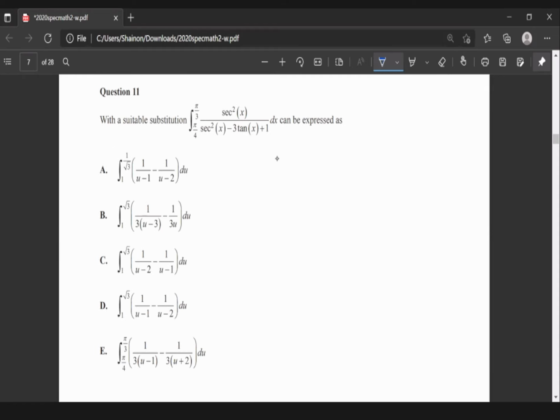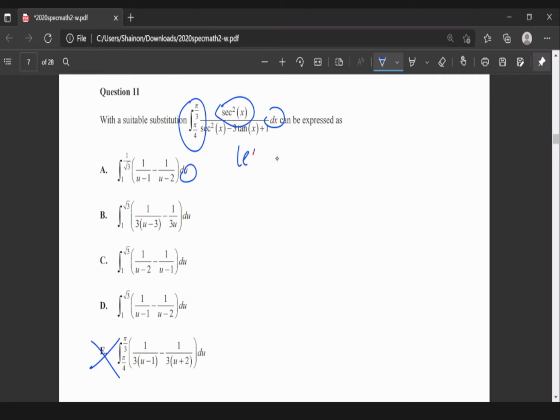Question 11. We can cross out this one already, because this is according to X, but we're finding according to U. We're trying to cancel this top bit, and the only way that corresponds to sec is tan. If we're going to differentiate something that equals sec, we have to differentiate tan.